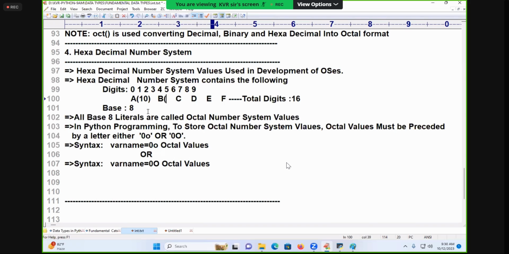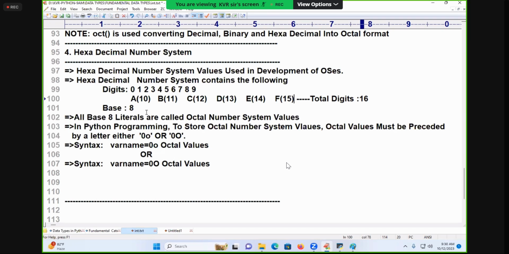The internal value of B is 11. The internal value of C is 12. The internal value of D is 13. The internal value of E is 14. And F is 15. This is the scenario of our number systems here.